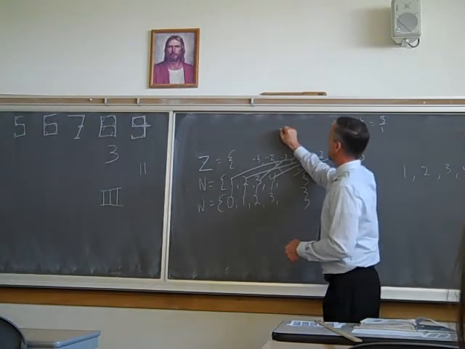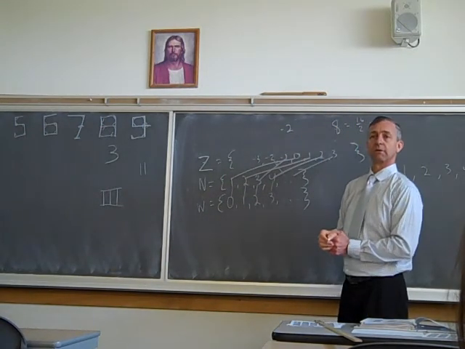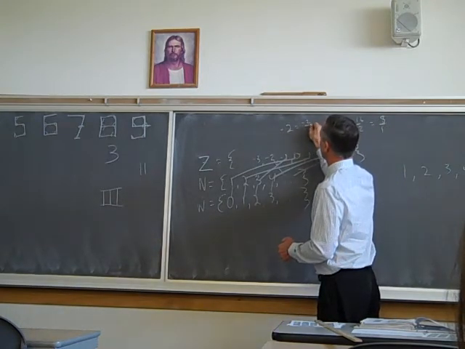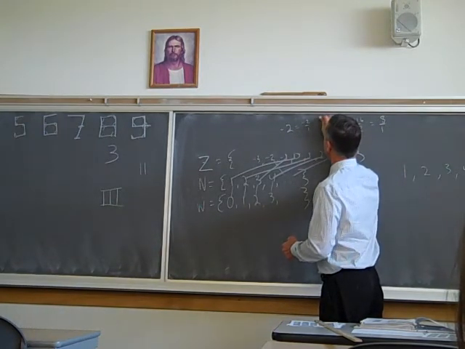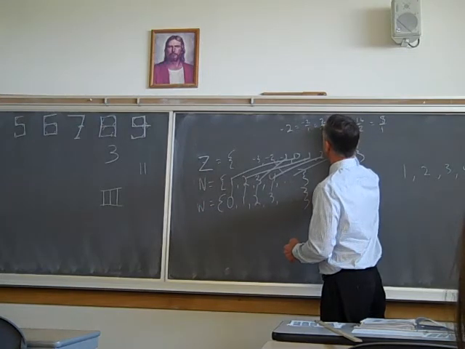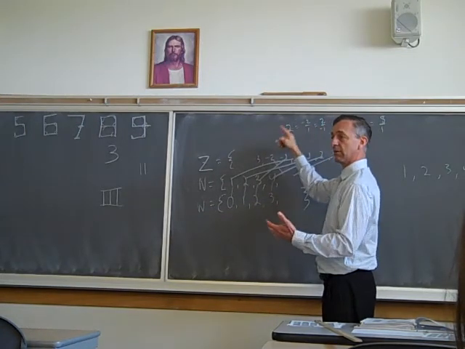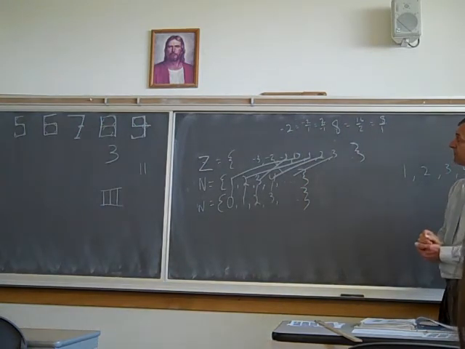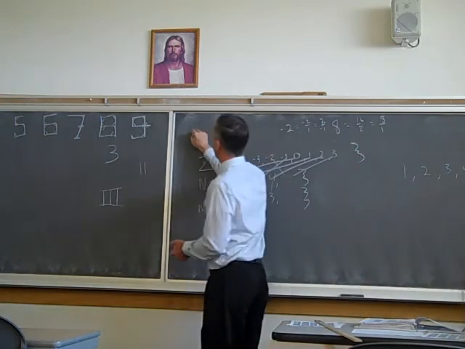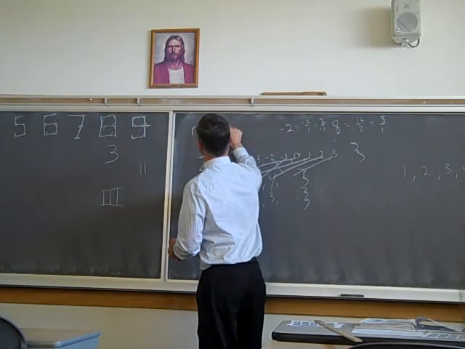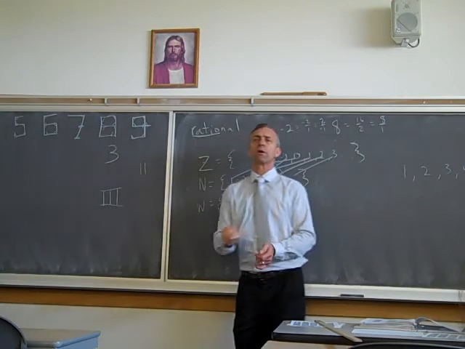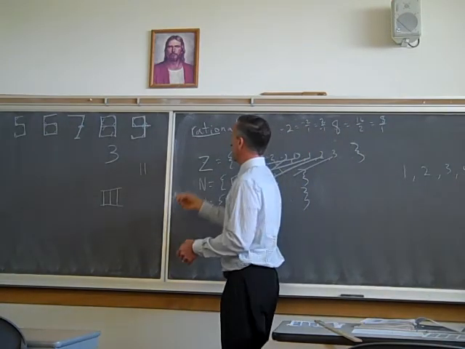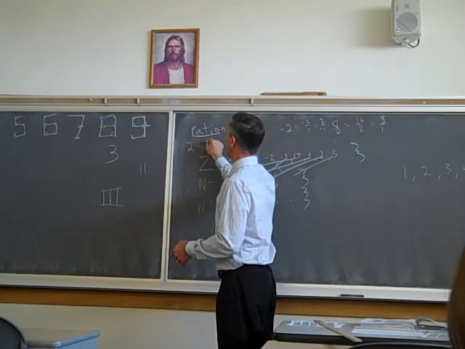So if I have this, is that a rational number? Yes, because I could write that as negative 2 over 1, or 2 over negative 1, right? Those are the same thing. By the way, the word rational comes from the word ratio, and ratios can be written in several ways. 2 to 3.